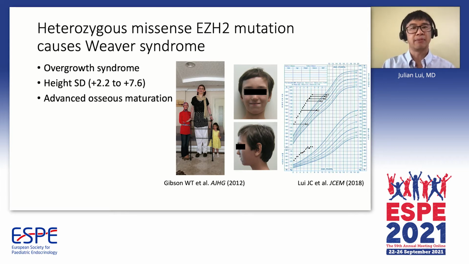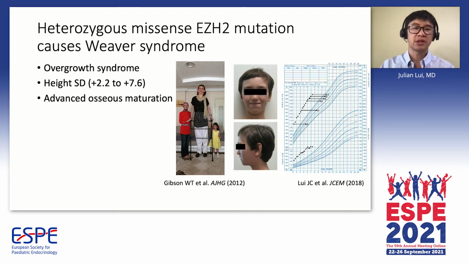Around that same time, we saw a patient at the NIH, the one on the right-hand side here. He has overgrowth syndrome and an advanced bone age. We performed exome sequencing on this patient and the parents, and we found that he has a de novo heterozygous missense mutation of EZH2, confirming that he has Weaver syndrome.